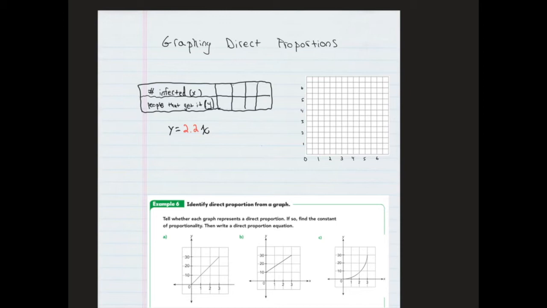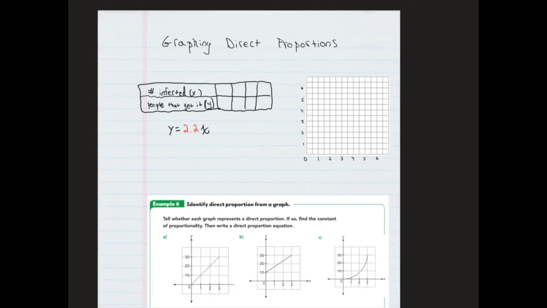What we want to show on a graph is exactly what's on the table of information. In order for something to be a direct proportion, it has to start at the point 0, 0. I know you know how to plot points.